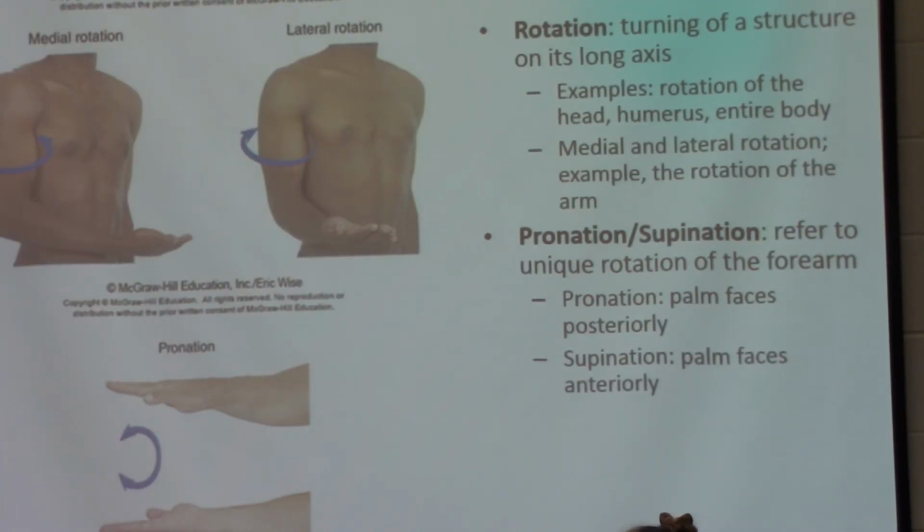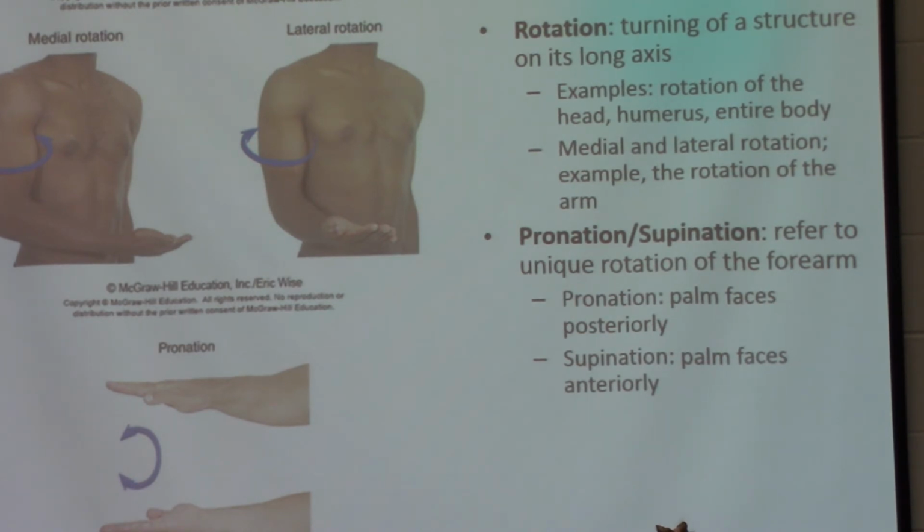Then circular movements like rotations are turning of a structure on its axis. So for example, your arm, again, when you move your arm on its axis, like in case of lateral or medial rotation, then that is an example of rotation. So you can bring your arm toward the medial side, or you can take it away from the medial side of the body.